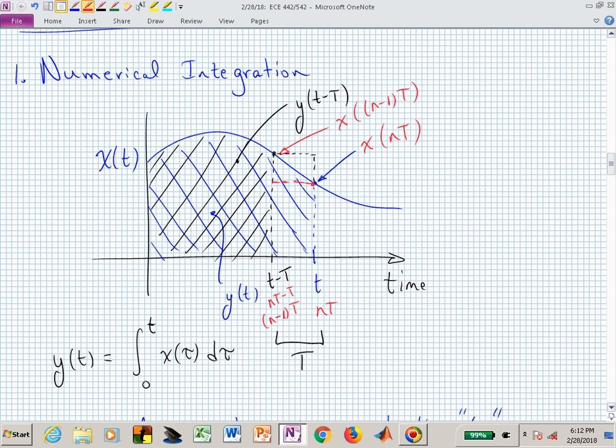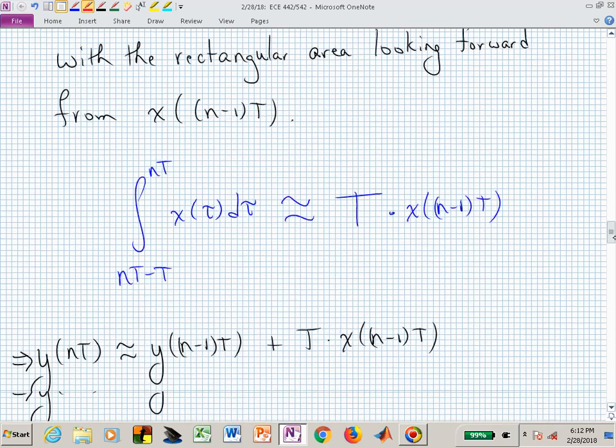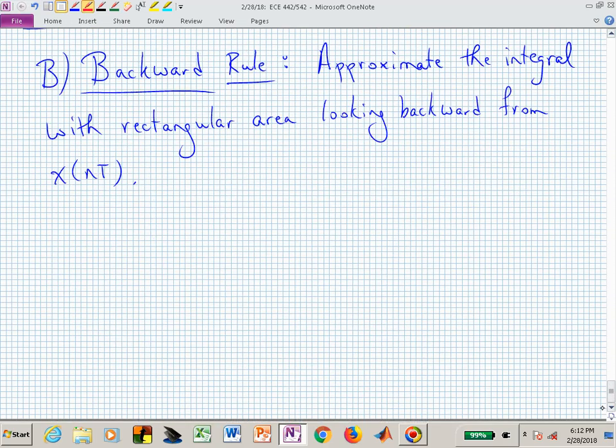Okay. In this case, now we have this integral from nT minus T to nT of x of tau d tau. That's now approximated by T times x of nT. The width is the sample period.